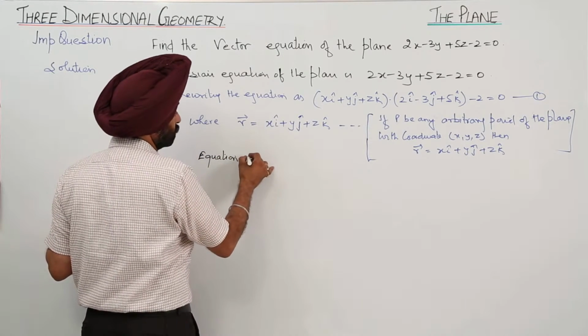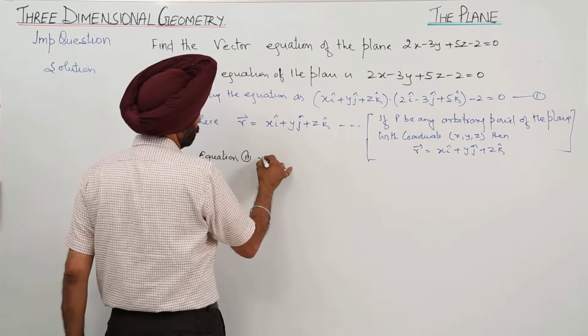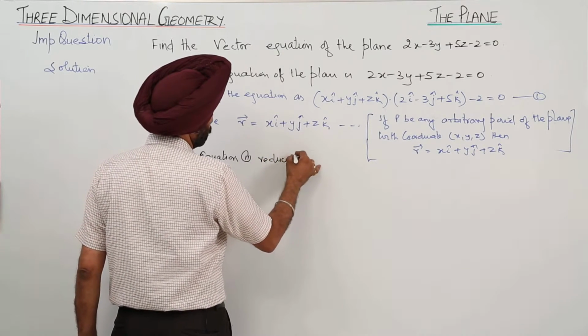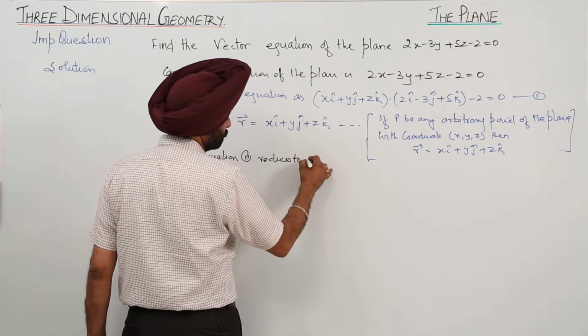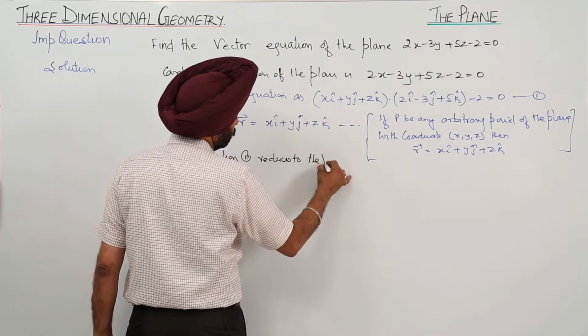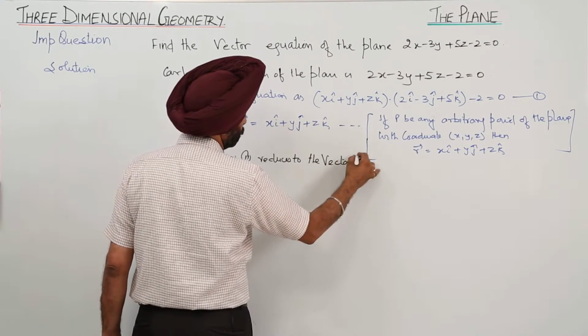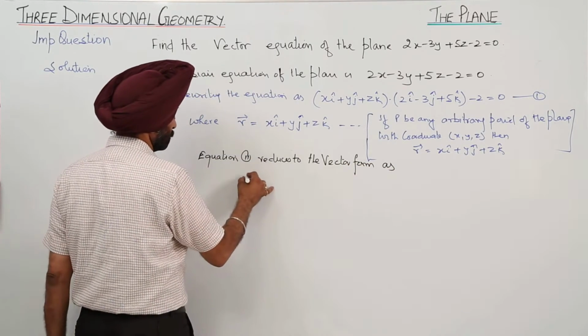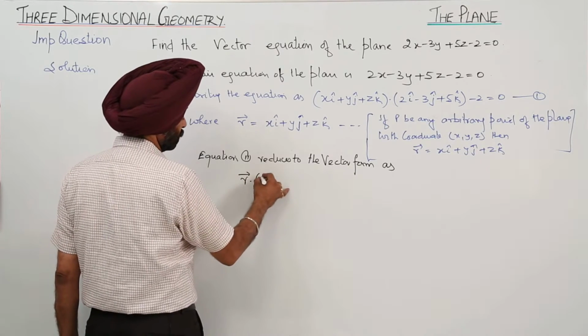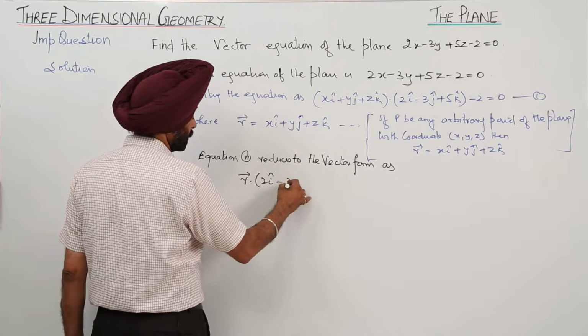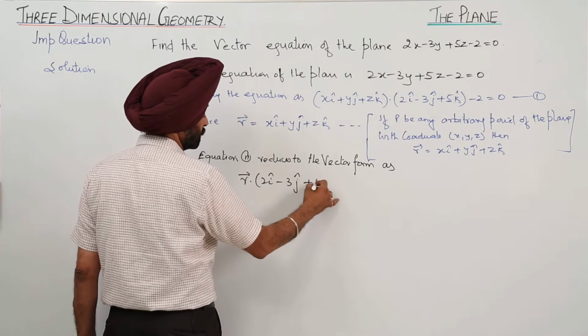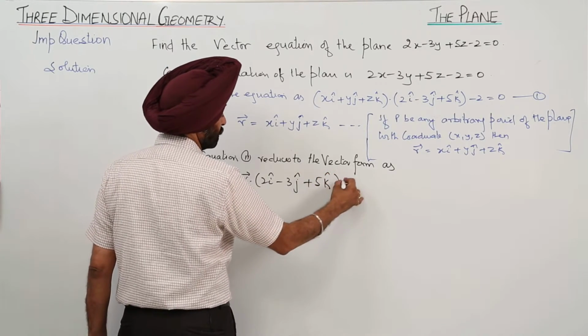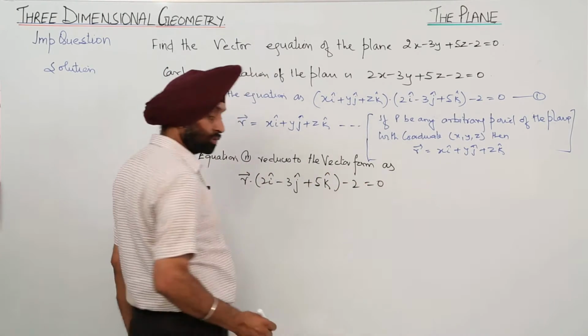Now, equation 1 reduces to the vector form as vector r dot 2 i cap minus 3 j cap plus 5 k cap minus 2 is equal to 0.